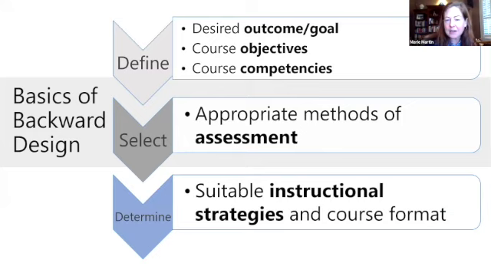But I'm curious, and I can just have a show of hands if you were familiar with the backward design approach prior to this course, or if it was new to you. So a show of hands of how many people this was a new approach, that they had not either heard of this approach or applied it themselves.